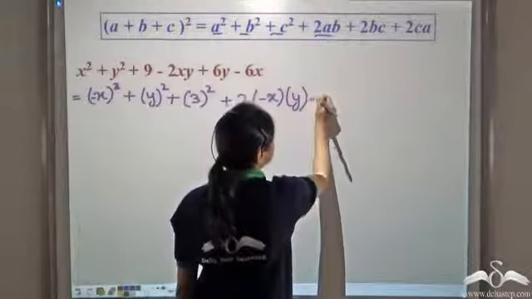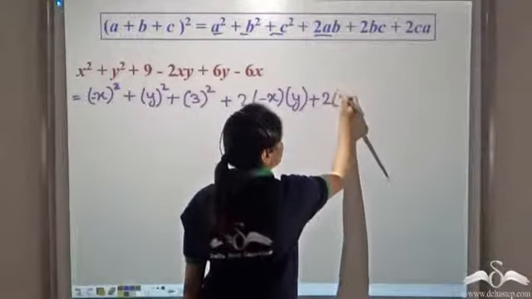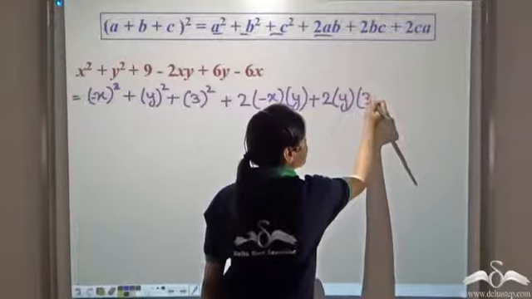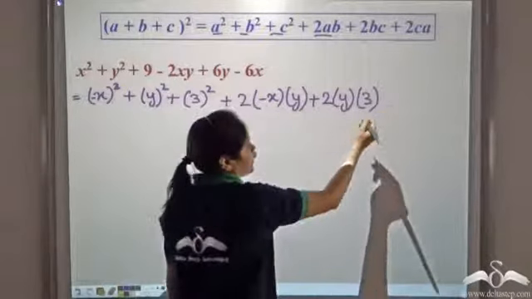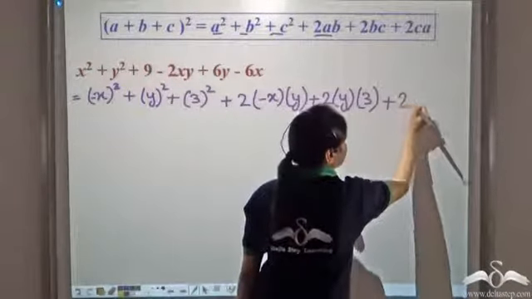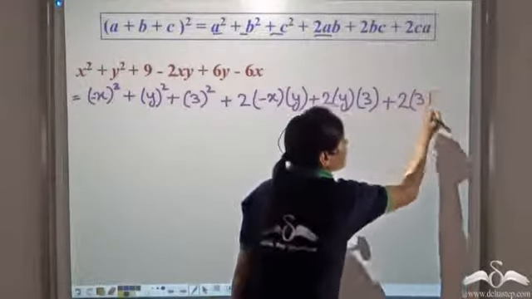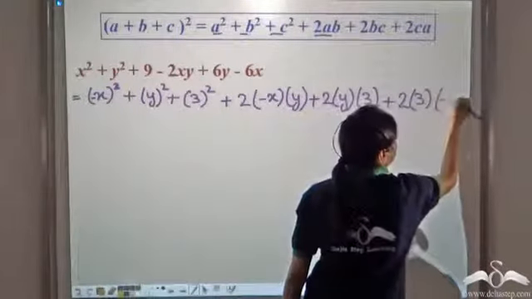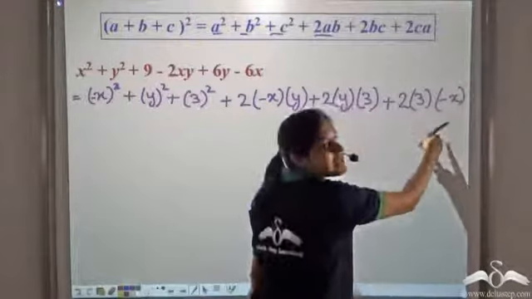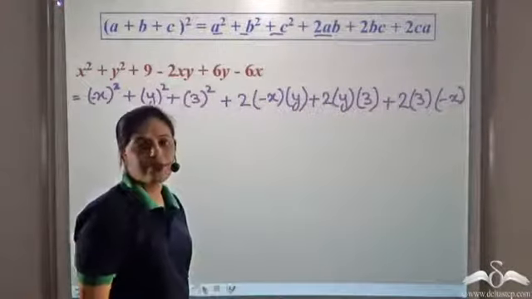Now we have 6y here. So 2 into y into 3. This gives us 2bc. And 2ca is 2 into 3. Now a is negative x. So negative x, we get minus 6x, which is what we have here.